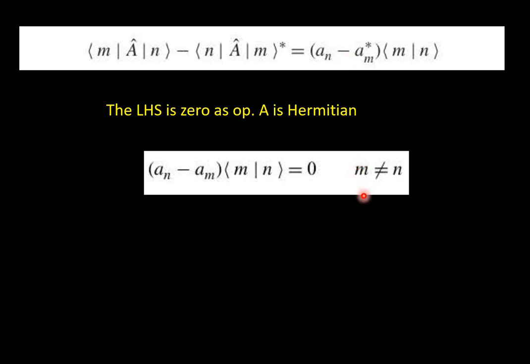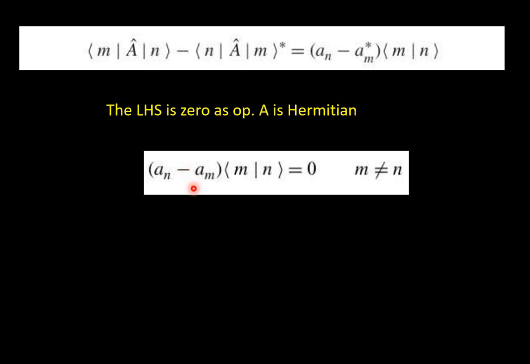So the natural case is m not equal to n and the product of these two things is 0, and that can be because either of them is 0. Now m and n are not same, that means you have taken two different states, eigenstates or eigenfunctions, right? But two different eigenstates may have the same eigenvalue or different eigenvalues, right? If they are same eigenvalues, that means degenerate, then An and Am are same, so this part is 0.